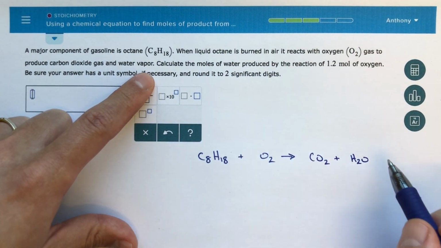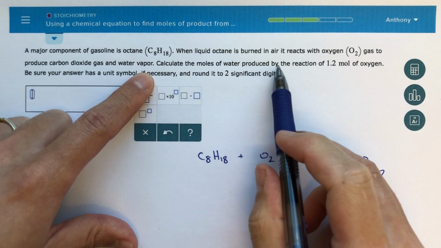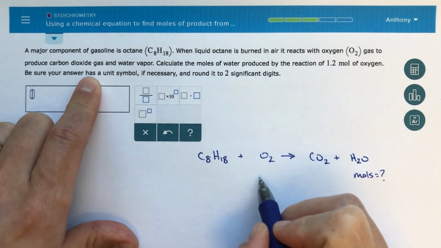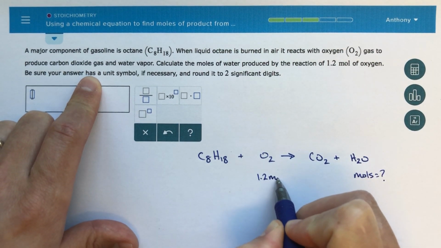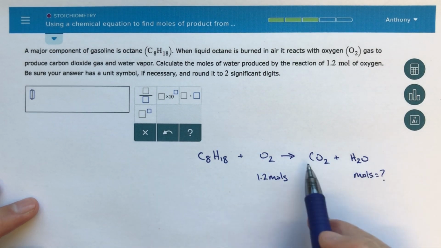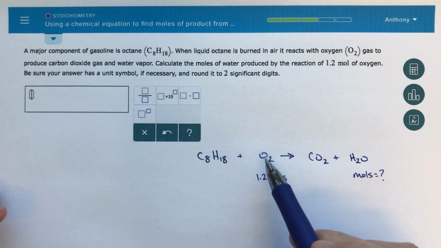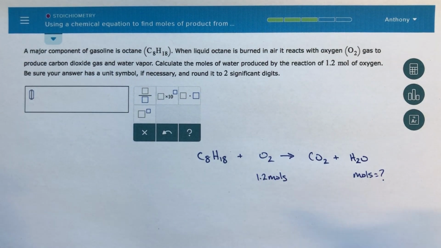Calculate the moles of water, so moles equals question mark, produced by the reaction of 1.2 moles of oxygen. So we have our reactants and our products written out, but we need to make sure we balance this chemical reaction. It's not necessarily a 1-to-1 ratio like it was last time. We have to figure out what it is, basically.